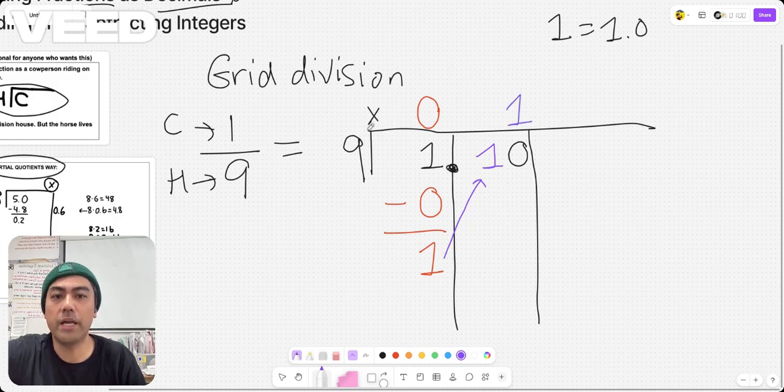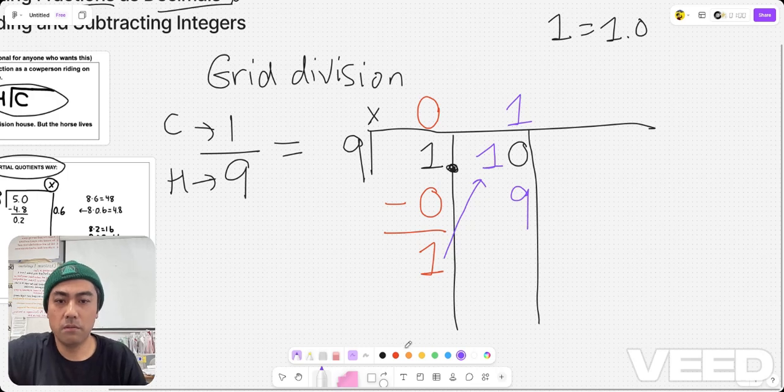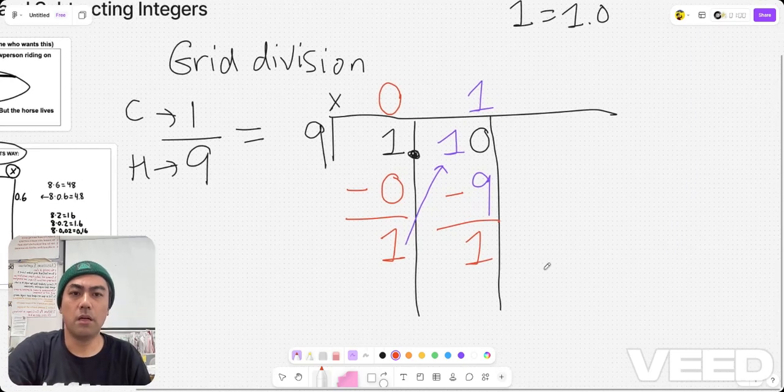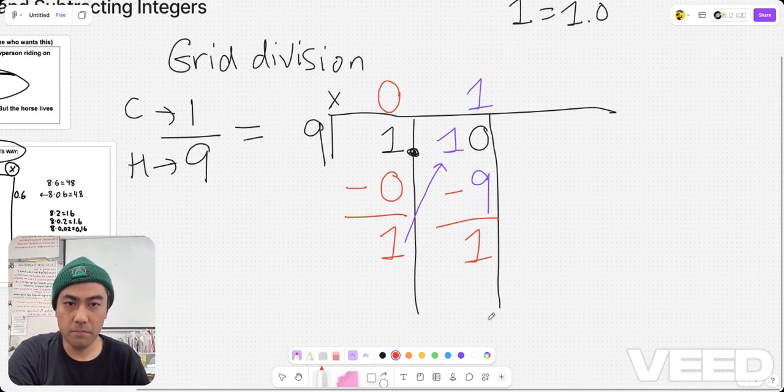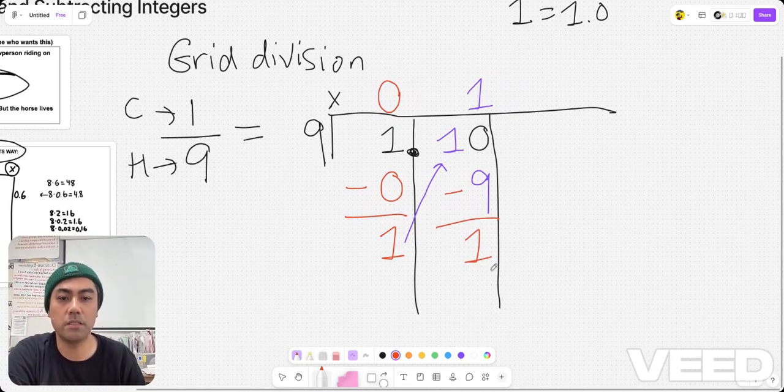Then multiply. What is 9 times 1? 9 times 1 is 9. Subtract. 10 minus 9 is 1. Okay? Are we done? No. Because our remainder is still not 0. All right, let's keep going.